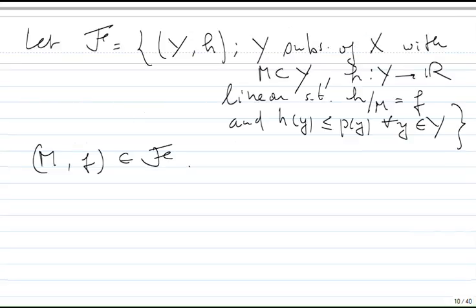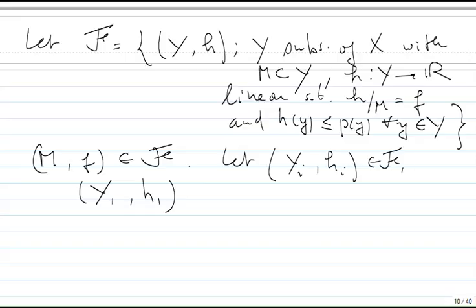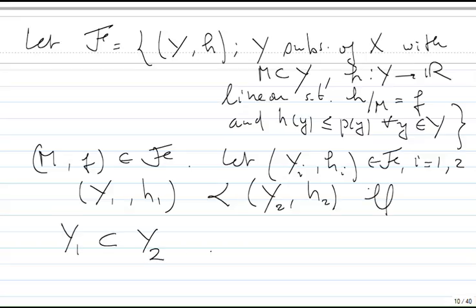So we take (y1, h1) and (y2, h2) in F. We write (y1, h1) is less than (y2, h2) if and only if y1 is a subspace of y2 and h2 restricted to y1 is equal to h1.